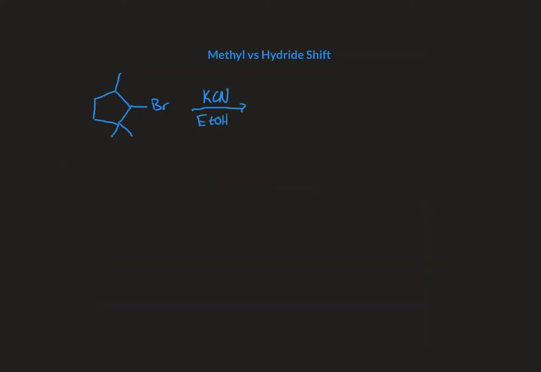In a final example for this video, I wanted to compare a methyl shift versus a hydride shift. So again, in this reaction, we have a protic solvent, a secondary carbocation, and a relatively weak nucleophile in CN-. And so I'm going to assume that this is going through an SN1 reaction.